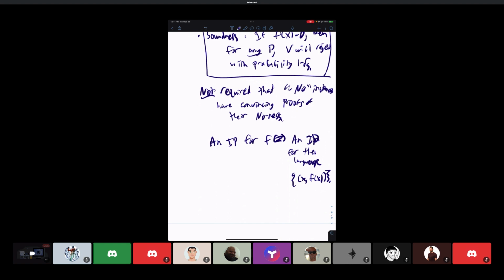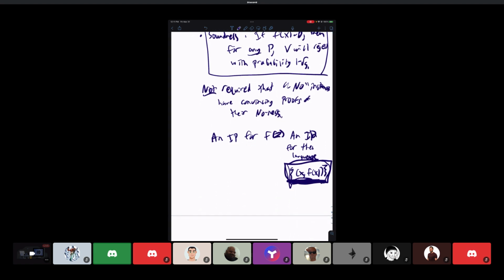It's purely a distinction in the definition of completeness and soundness. But basically, if my yes instances are of the form x, f of x, then proving that x, f of x is a yes instance is just equivalent to proving that f of x is indeed f applied to x, which is exactly what you want in an interactive proof for the function f.